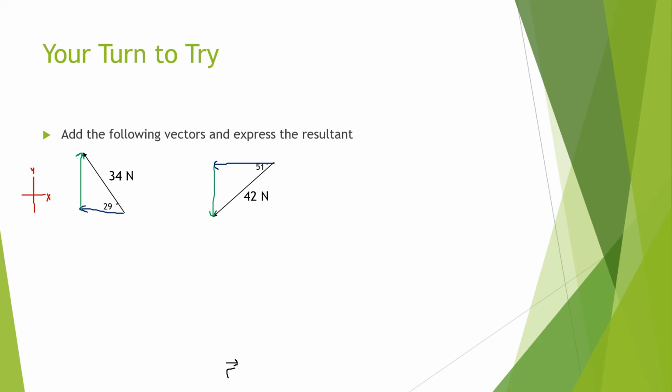Again, first thing I have to do, get my sine and cosine components. I'll go ahead and do the sine components, or the vertical ones first. 34 sine 29 gives me a magnitude of 16 newtons. And then 42 sine 51 gives me a magnitude of 33 newtons.